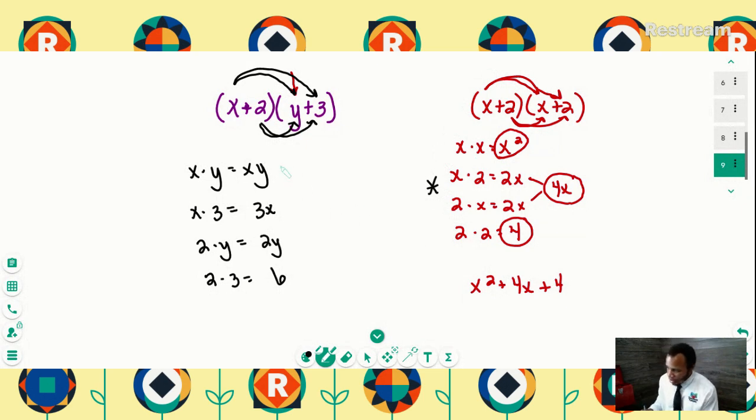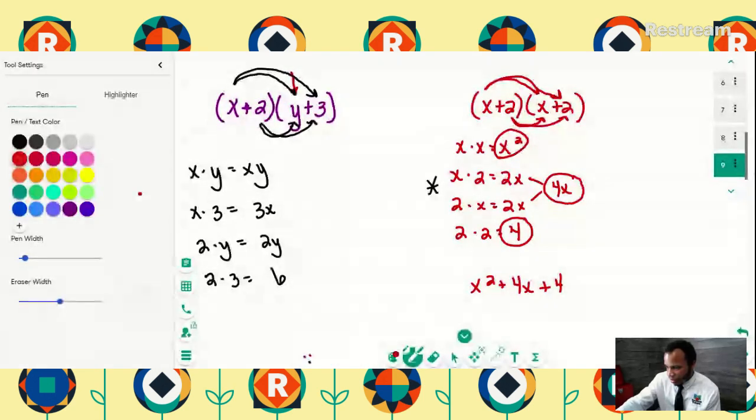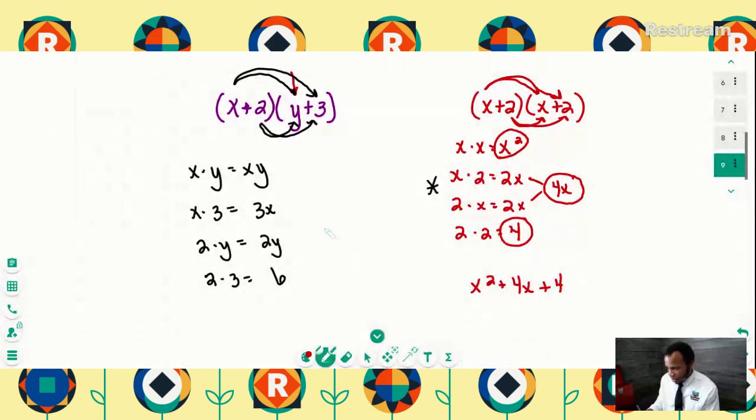And notice that if we look at these 4 terms, so we have 1, 2, 3, 4, none of these terms are like terms.